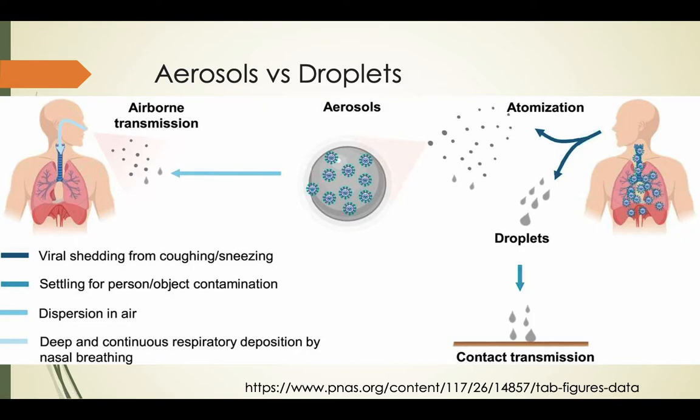Okay. For the case of COVID-19, for the case of SARS-CoV-2, we can appreciate that for airborne transmission, aerosols are the primary route. Therefore, there is a need for protective coverings in order to prevent the transmission of such aerosols from the donor to the recipient.